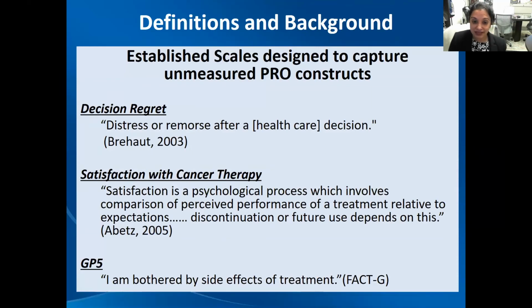And then building on the Gray-Wagner team, we looked at our patient experience outcomes: decision regret, satisfaction with cancer therapy, and GP5. We know that there are validated tools to assess decision regret and satisfaction with cancer therapy. We used the CTSQ, the Cancer Therapy Satisfaction Questionnaire, but these are not commonly incorporated into trials.